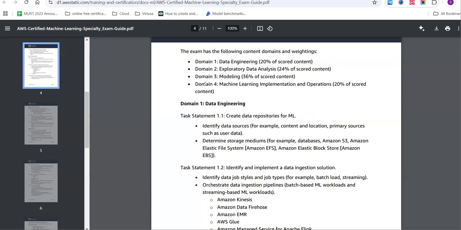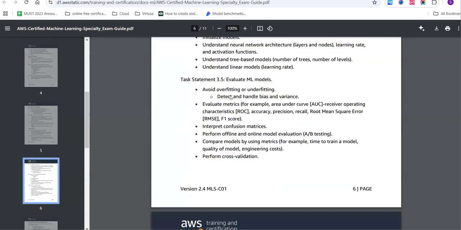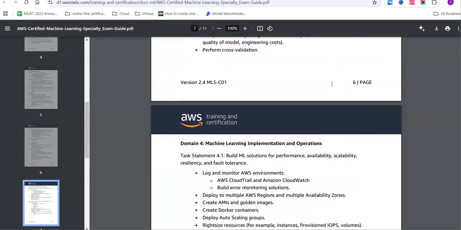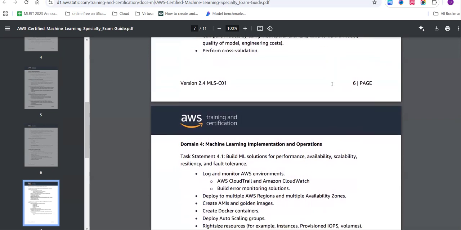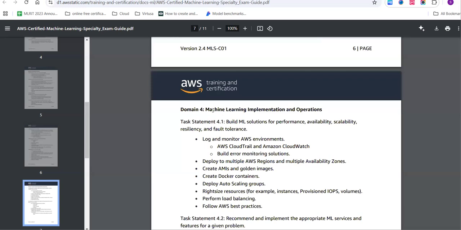In order to answer the questions related to this domain, we need to have knowledge regarding concepts like our model's scalability. After implementing the model, we might require to scale that model, that scalability, availability and performance, resilience and tolerance. All of these we need to understand in this domain.